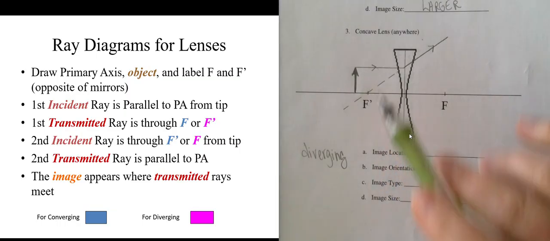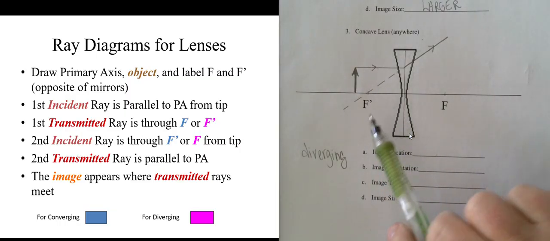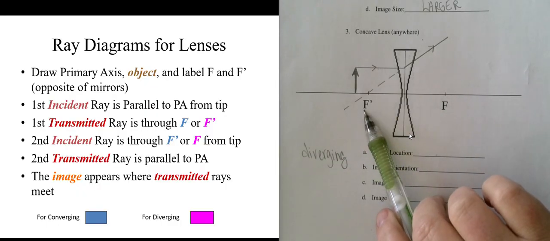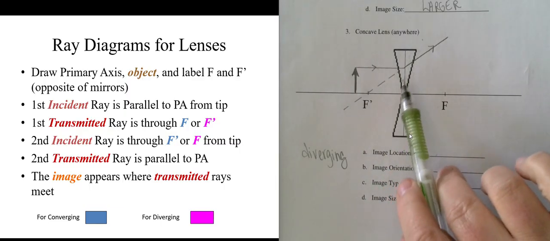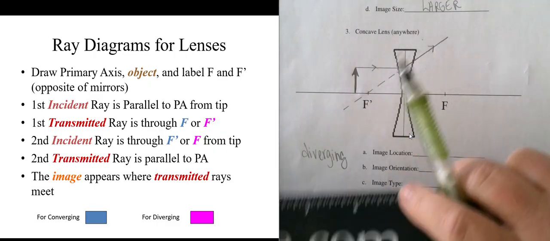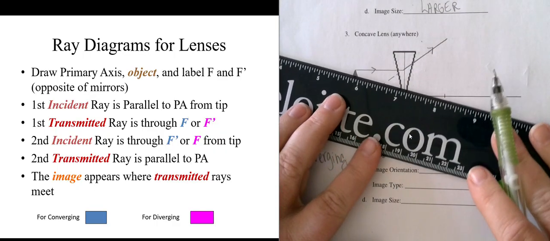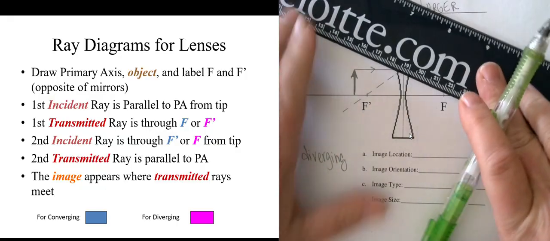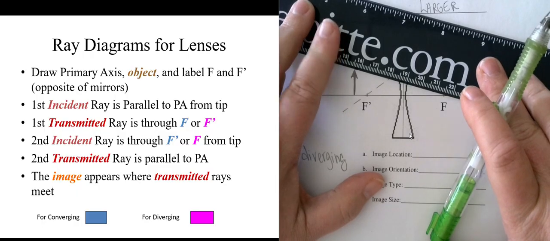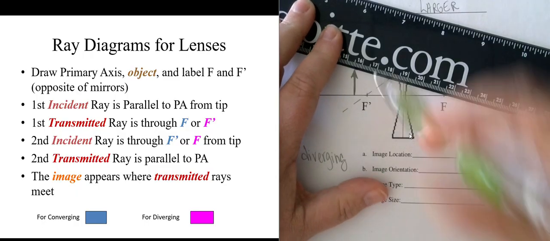Now, the beautiful thing about lenses is you get to use both the focal point and the virtual focal point. Since the transmitted ray aimed at the virtual focal point, we're going to aim the second incident ray at the idea of the real focal point, which would be beyond the lens.